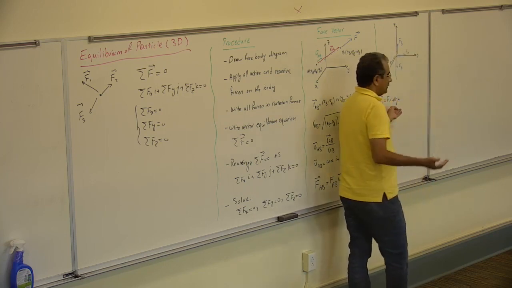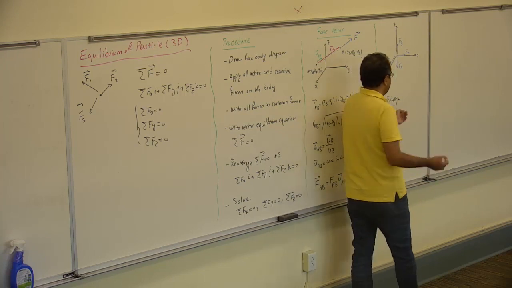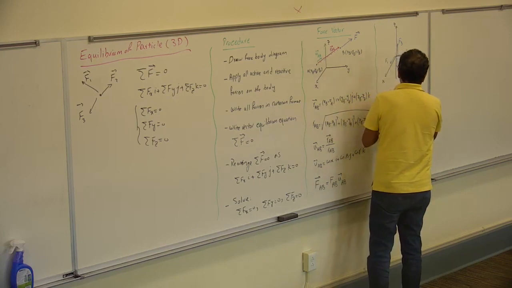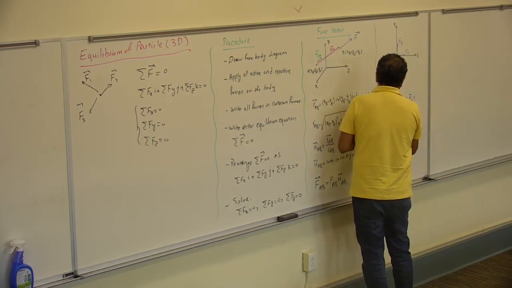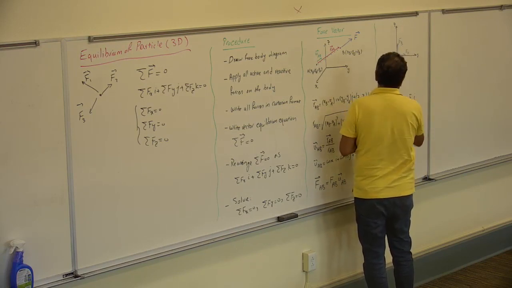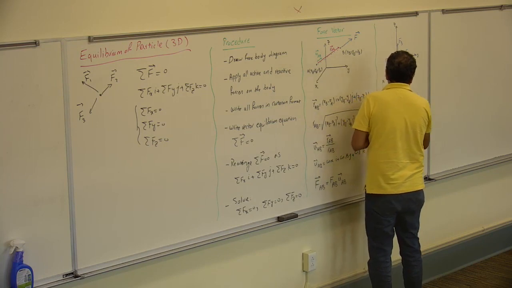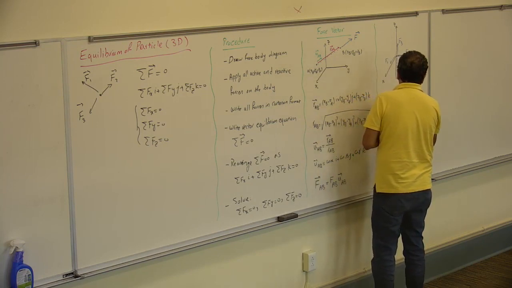How much is it along the k, or along the z? It's also 0, so 0 k. Or you can simply write it as F1 i. Similarly for F2, it doesn't have anything along the x and z, so it's going to be 0 i plus F2 j plus 0 k, so it's going to be F2 j.